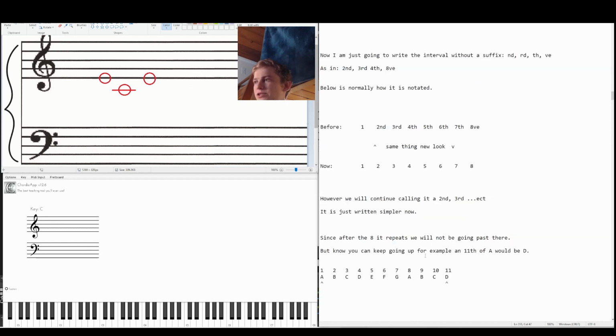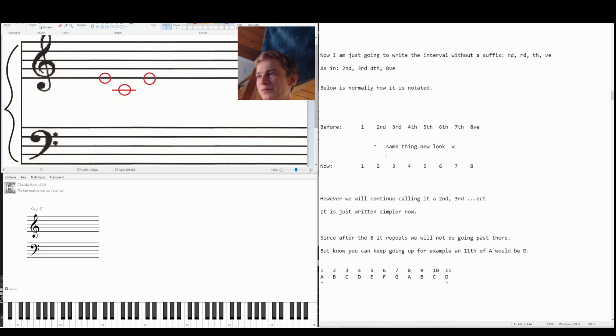So for now, I'm just going to write the interval without a suffix nd, rd, th, or ve, as in 2nd, 3rd, 4th, or octave. Below is normally how it's going to be notated, where it said now. So before, I was saying our unison, 2nd, 3rd, 4th, 5th, 6th, 7th, 8th, and now we have the same thing with a new look, like when they come out with a new cereal and they say it's the same thing inside but it's a new look on the box.